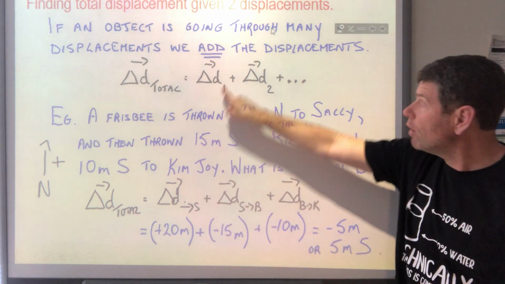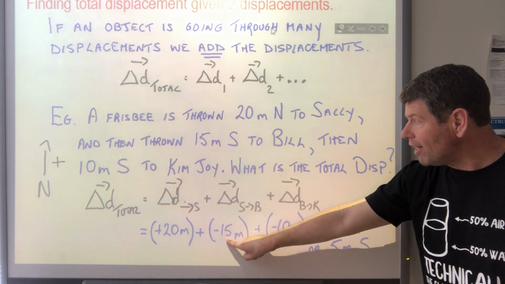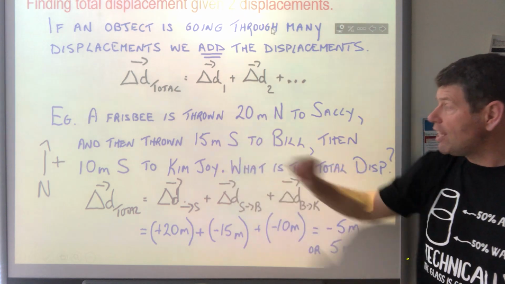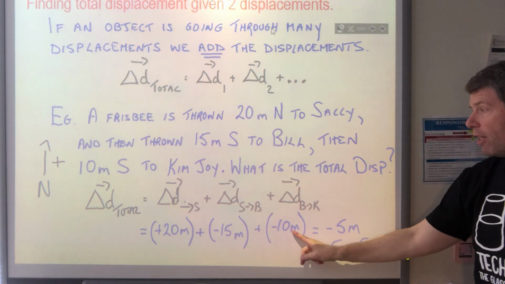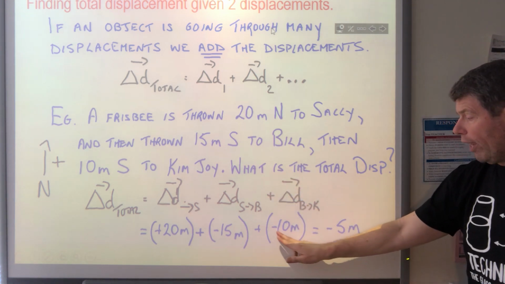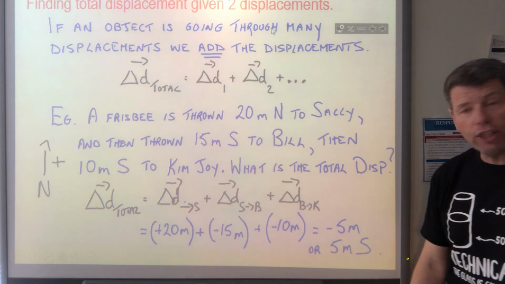Plus, remember, always add the displacements. The next displacement is actually in the south direction, so it needs a negative, and it's 15 meters to Bill. Then I'm going to add the last displacement, which is in the south direction again, to Kim Joy, negative 10 meters. So that's what I would enter into my calculator.